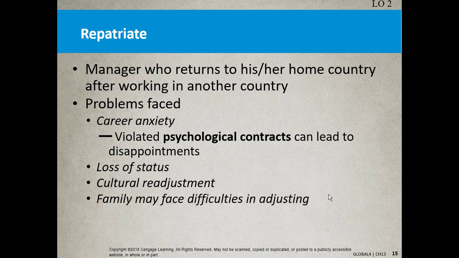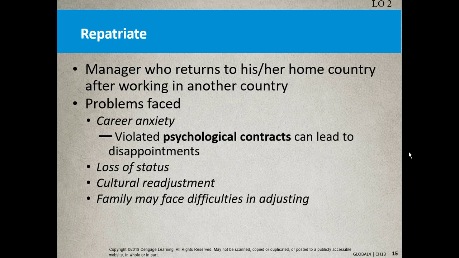Family may face difficulties in adjusting as well. In the textbook, our author talks about even the kids coming back and maybe trends change, fashion changes. And for younger adults, this can be pretty important and devastating.